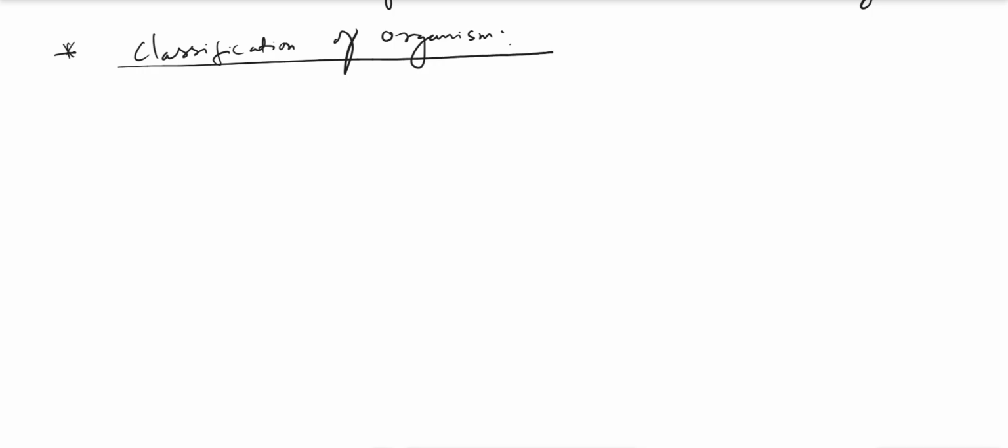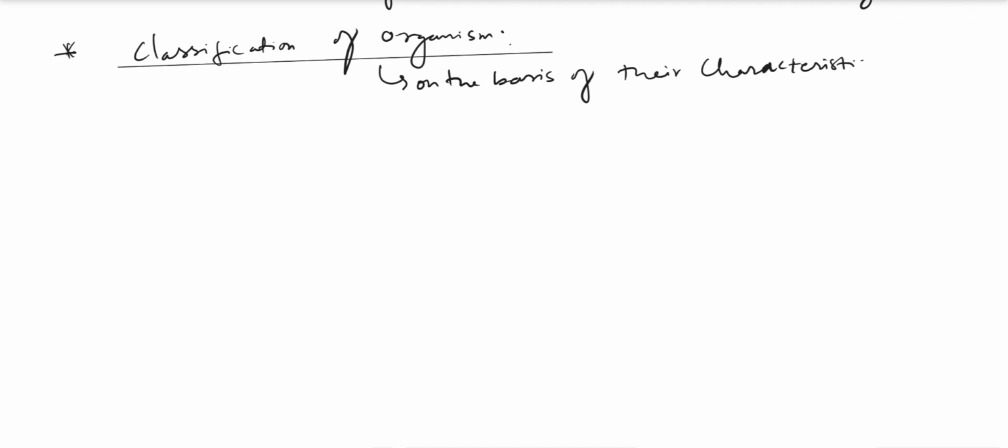Now we are going to the next topic, that is classification of organisms. Organisms are classified into different groups on the basis of their characteristics, and there are two types.